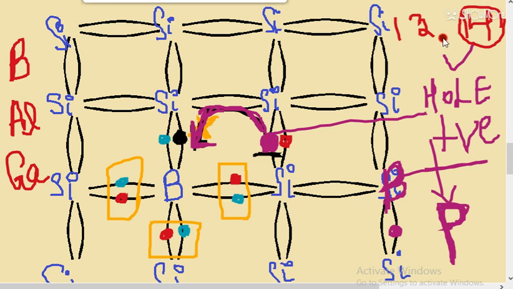Group number 13 is also called trivalent impurity because it has 3 valence electrons. So you can note down this point also.